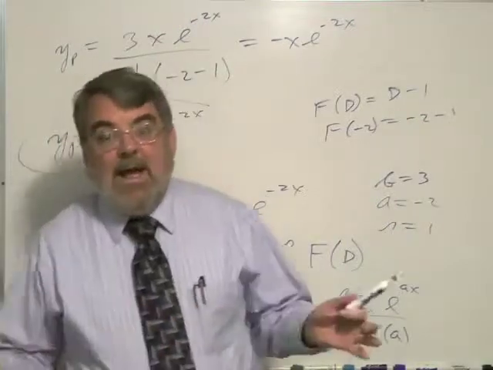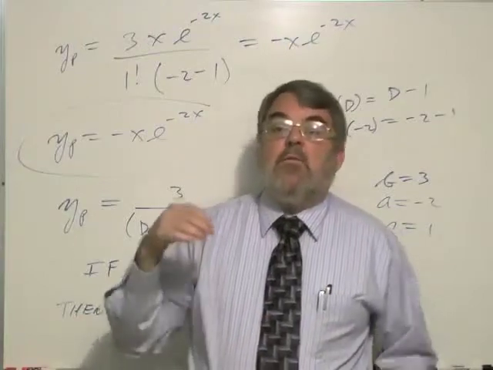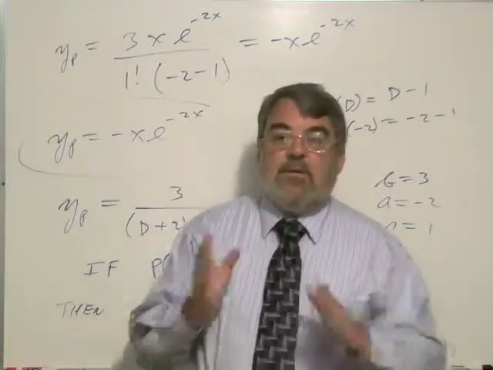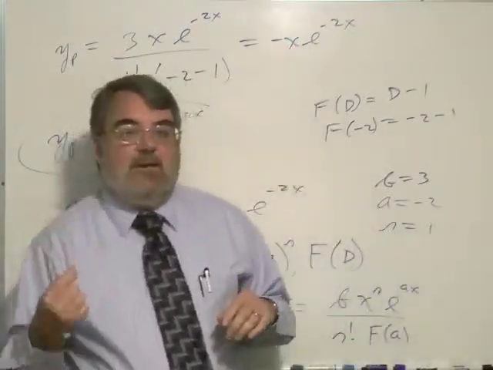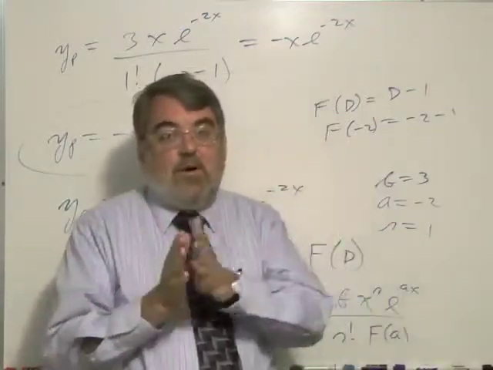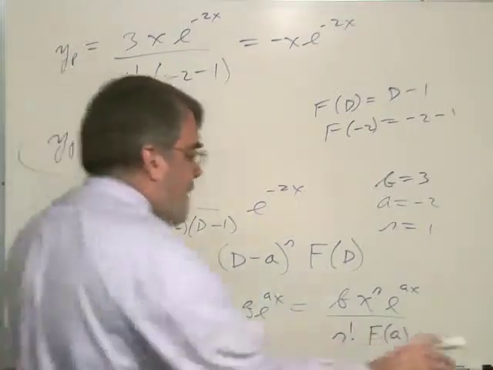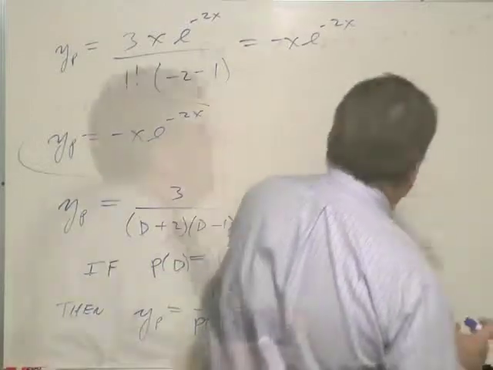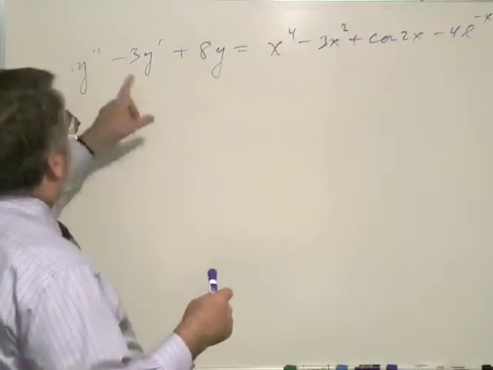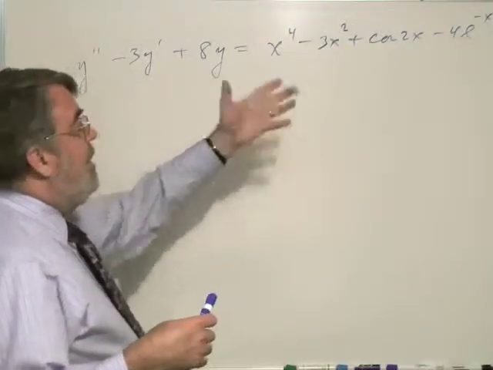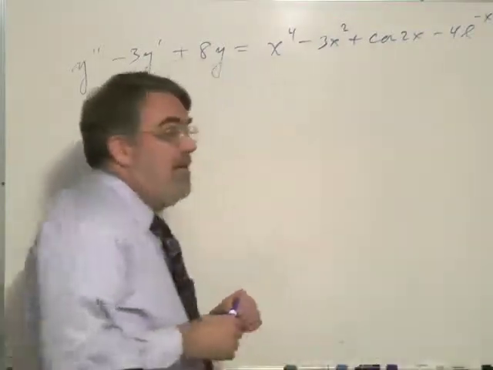Okay, well, the very last case, case 7 in this book, deals with when q of x, the right-hand side of your differential equation, is a sum of different functions. And so all it does is justify that you can take the inverse polynomial operators and distribute them across those sums. So, for example, let me just make up a problem real quick. Suppose we had, I just made this up, y double prime minus 3y prime plus 8y equals x to the fourth minus 3x squared plus cosine 2x minus 4e to the negative x.